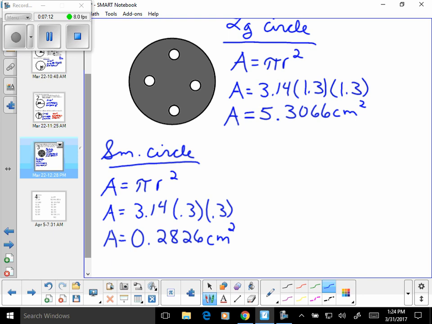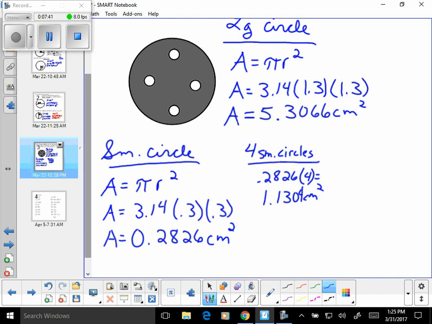Now, you've got 4 small circles. So you're going to take 0.2826 times 4. And your area for that is going to be 1.1304 centimeters squared.